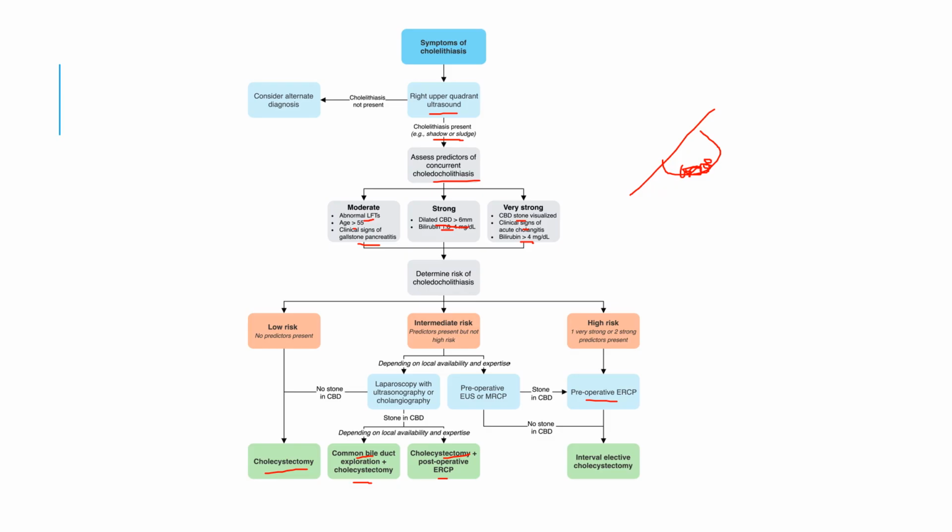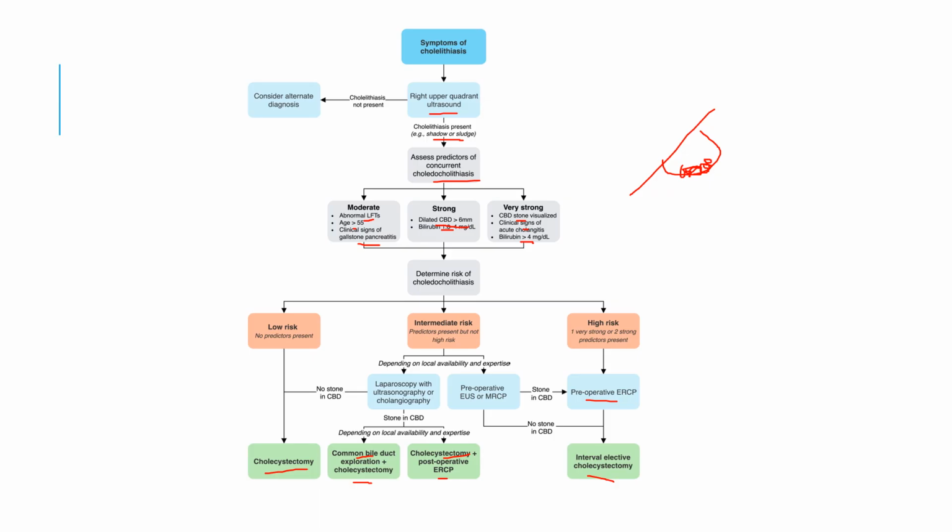Even if you remove the gallbladder and there is a stone in the CBD, the problem is still there, because cholelithiasis was there, but there is also a stone in the CBD, so there is obstruction there. So there should be extraction of the stone by ERCP, and then you can do an interval elective cholecystectomy in a high risk case. Otherwise go for straight cholecystectomy.